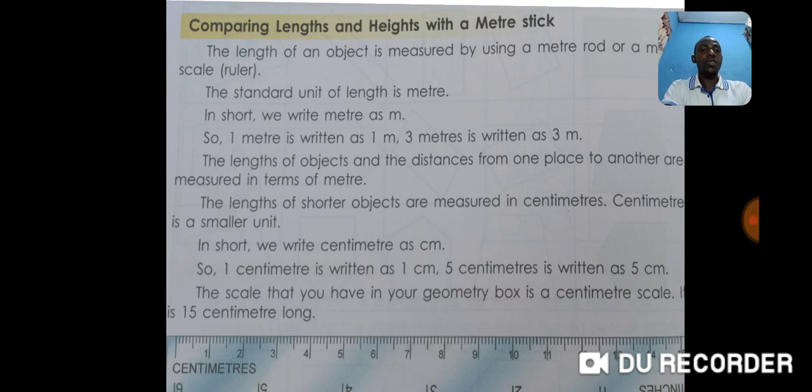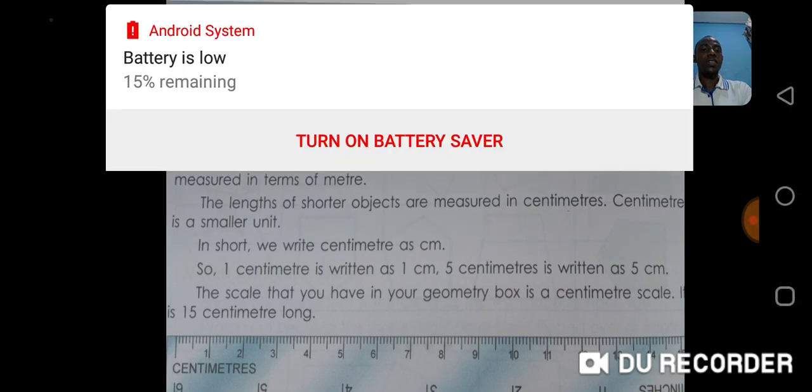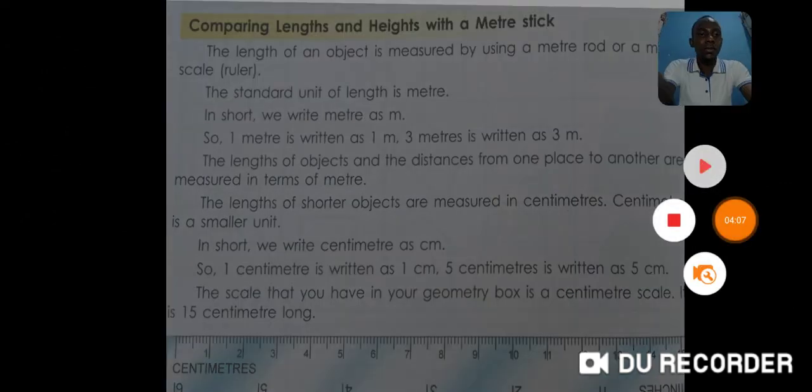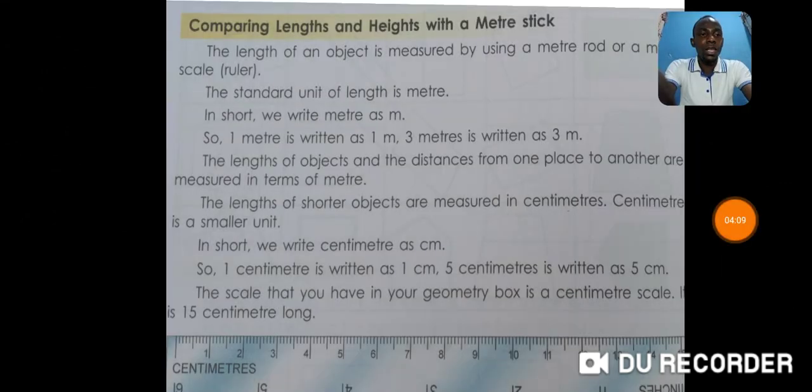The lengths of shorter objects are measured in centimeters. Centimeter is a smaller unit. In short, we write centimeter as cm. So 1 centimeter is written as 1 cm. 5 centimeters is written as 5 cm. The scale that you have in your geometry box is centimeter scale. It is 15 centimeter long.